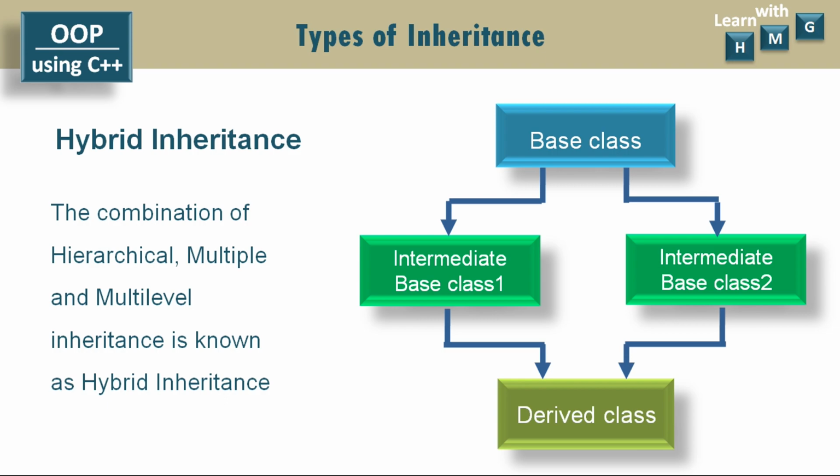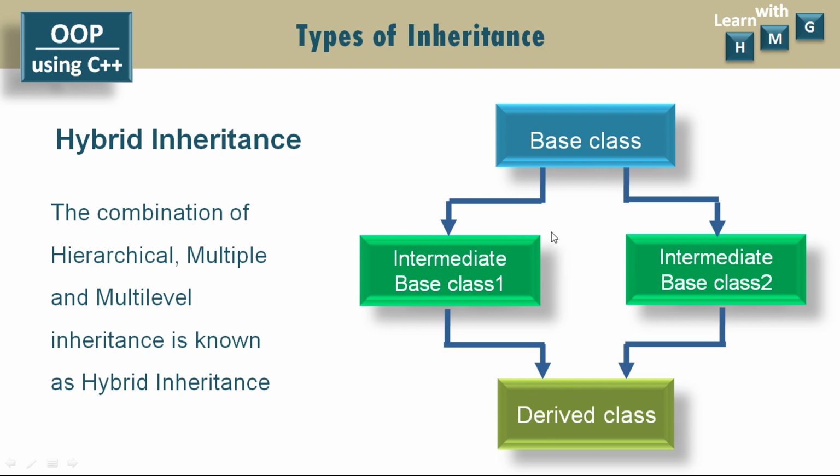Now first three classes, that is a base class, that is a blue color class is base class, and two green color classes, these three classes form hierarchical inheritance. And the intermediate base class 1 and 2 and derived class, these three classes form multiple inheritance. Now there are two multi-level inheritances in which there is the base class, then intermediate one, and then derived class.